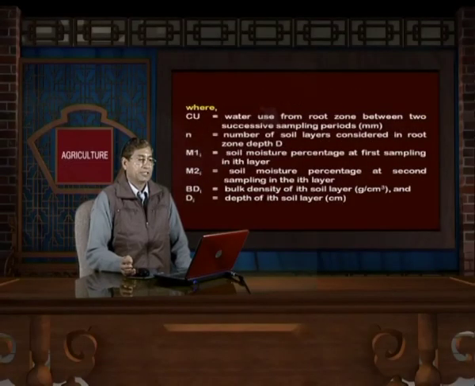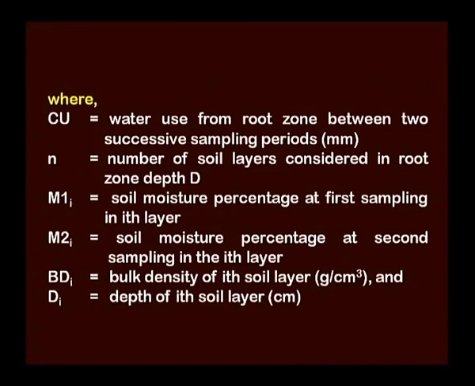Here Cu is consumptive use from root zone between two successive sampling periods in millimeter, n is number of soil layers considered in root zone depth D. M1i is soil moisture percentage at first sampling in ith layer.